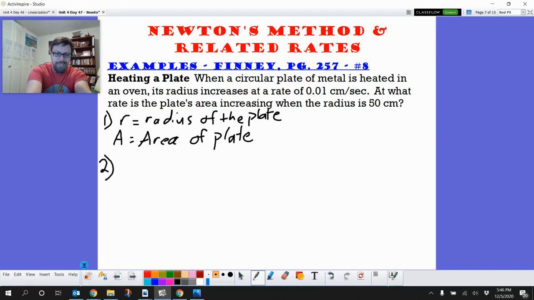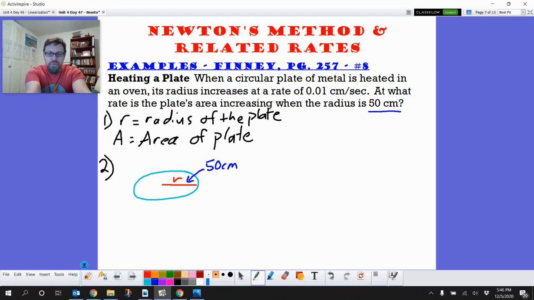So now I think it's time for a diagram. So we've got this plate. So there is my plate, and it's got a radius on there. Cool. I know what the radius is. They told me that. They told me that this is 50 centimeters from right there.